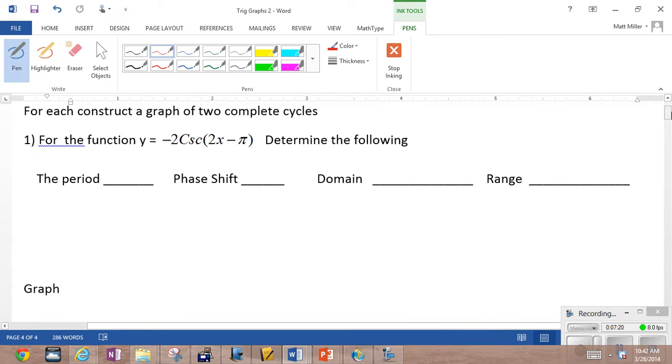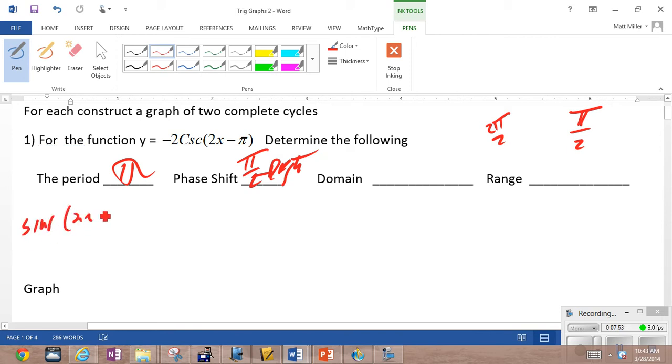It's not going to be that bad, because the period is 2 pi over 2, which is pi, and the phase shift is pi over 2 to the right. So what I want to do is graph the sine of 2x minus pi.